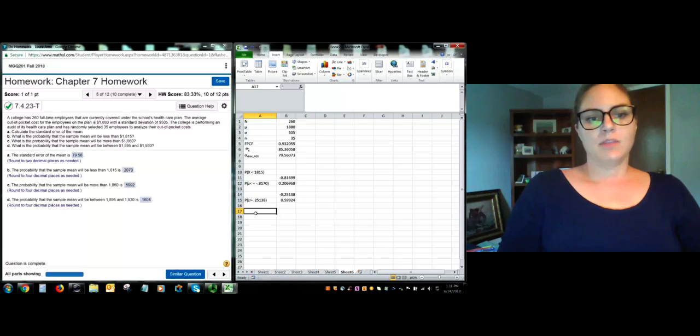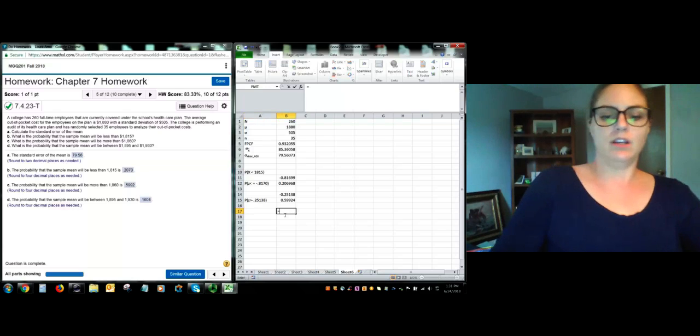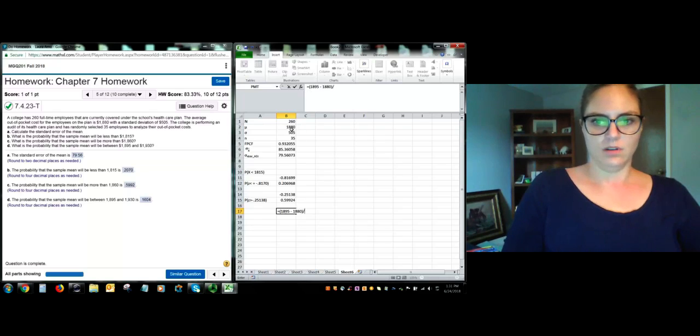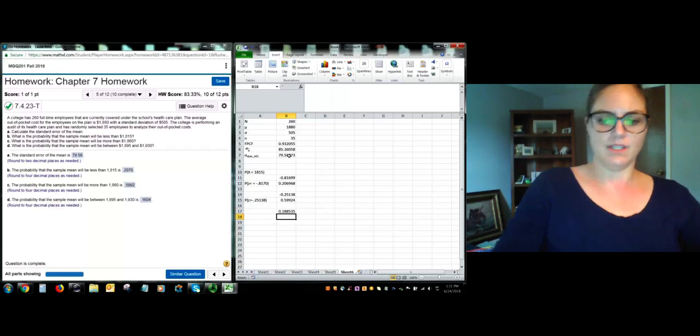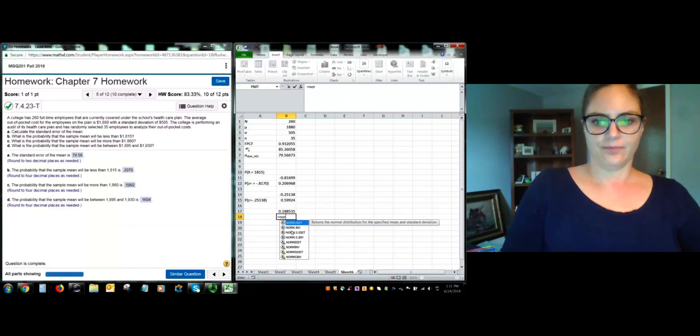The probability that it's between 1895 and 1930. Again, what we're doing here is finding the respective probabilities for those using the different z's in the normal distribution.